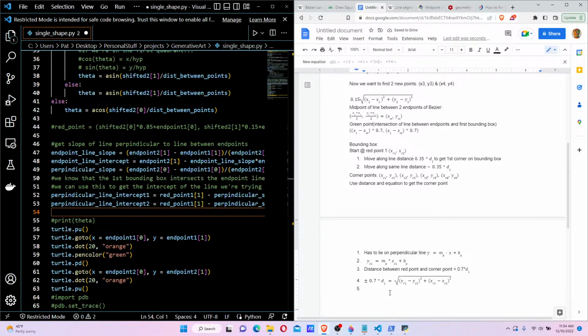Plus or minus 0.7 times d1 is equal to that. So if you square root 9, I'm just having trouble thinking about this.